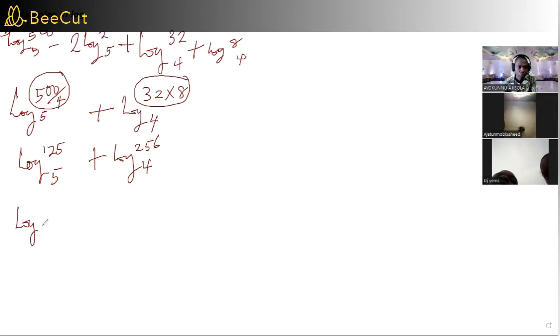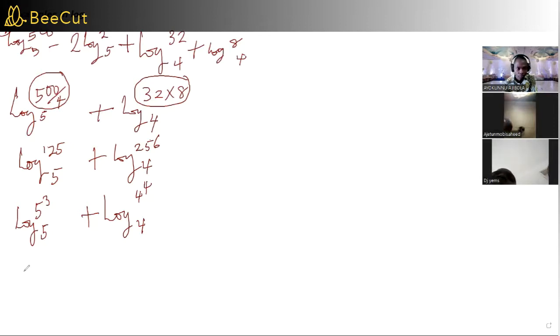That is log of base 5, then 5 raised to power 3, plus 4 raised to power what will give me 256? That should be 4 raised to power 4. So log of base 4, then 4 raised to power 4. So you can see now that this is nothing but 3 plus 4.